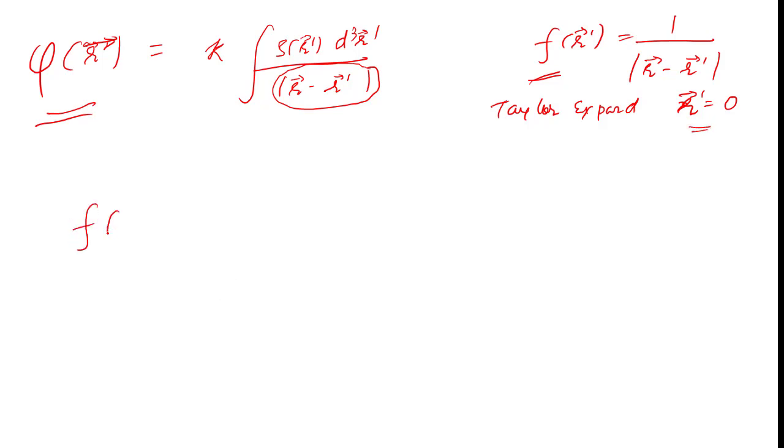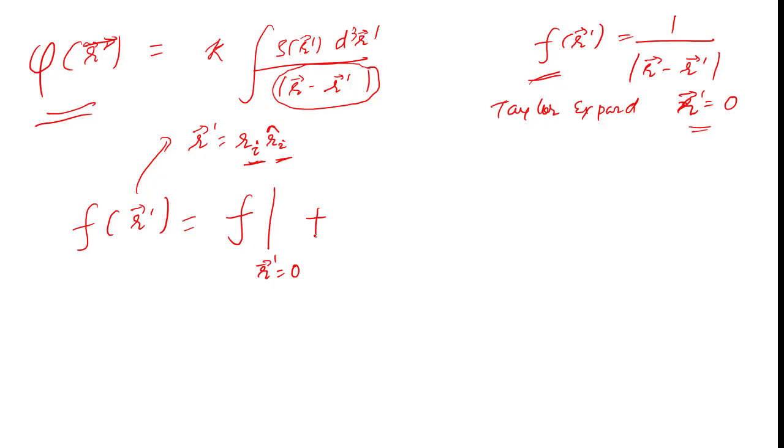So for that, what we need to do is, I have f of r prime, but this r prime is a vector. That means I can write this r prime as some ri prime. This i is repeated, so it is summed over. So it has three components, x, y, z, for example, or r, theta, phi, whichever coordinates you choose. But there are components along each coordinate because it is a vector, right? So then, if I Taylor expand that, the first term would be simply f at r prime equal to 0. Then the second term is a sum over i going from 1 to 3.